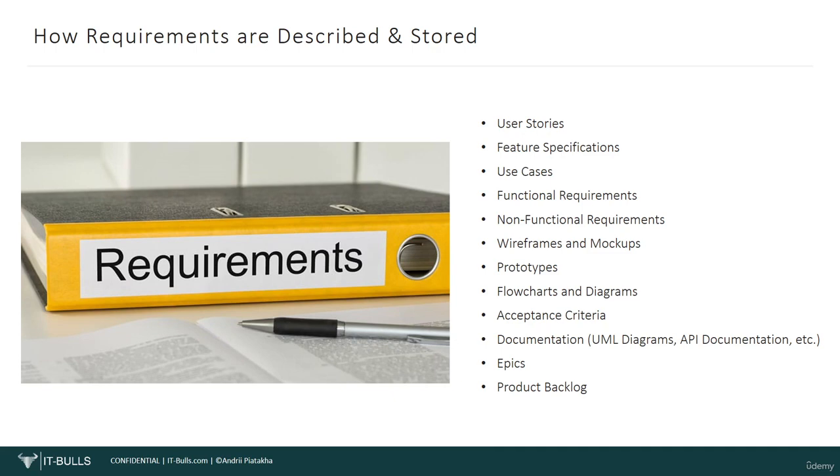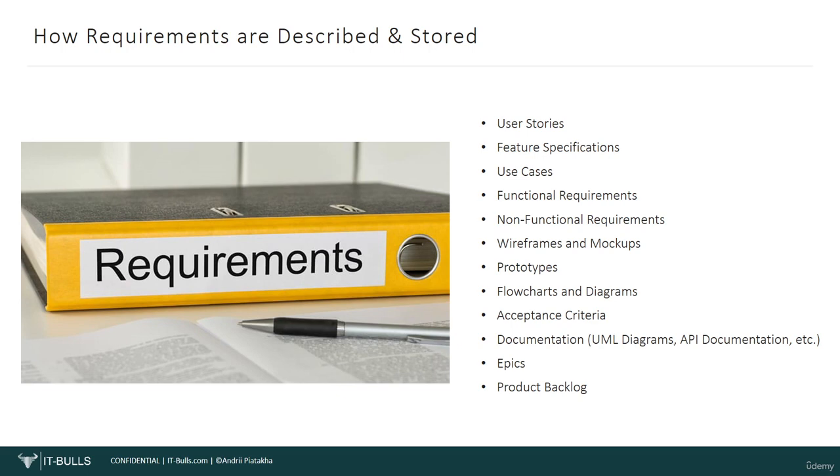Documentation. Comprehensive documentation can include user manuals, system architecture diagrams, API documentation, and other technical documents that outline how the software works and how to use it. Epics. In simple words, we can call epics large user stories that encapsulate broader themes or areas of functionality. They are broken down into smaller features, user stories, or tasks during backlog refinement. Product backlog.